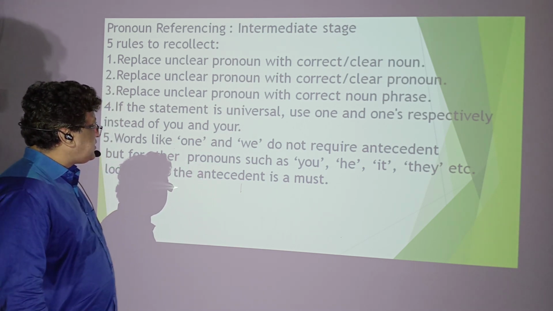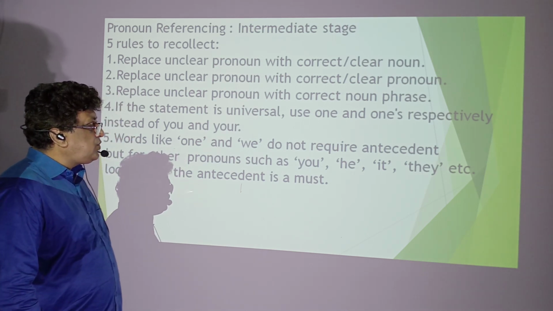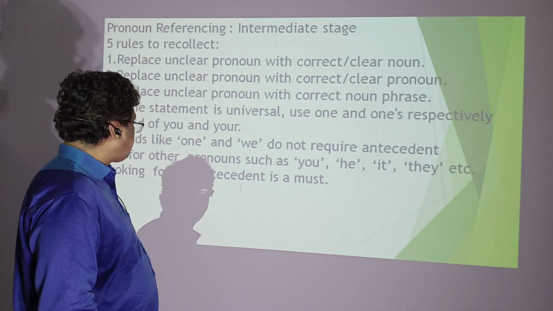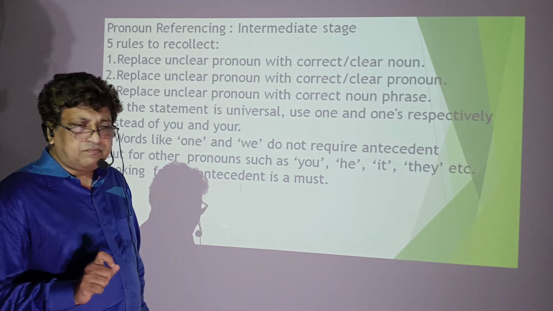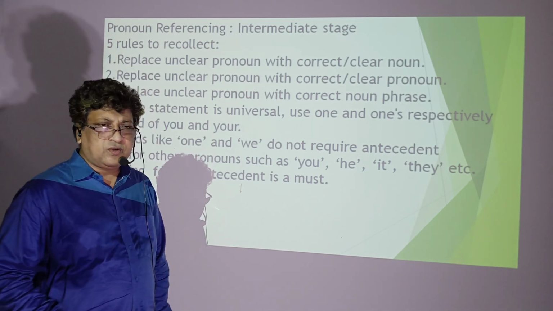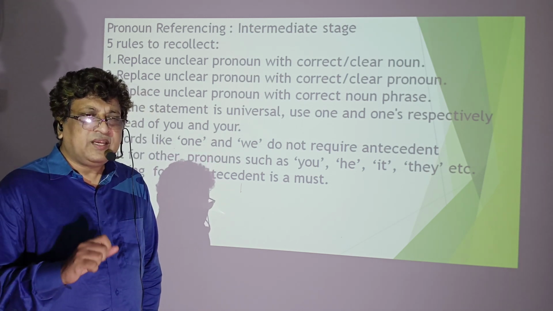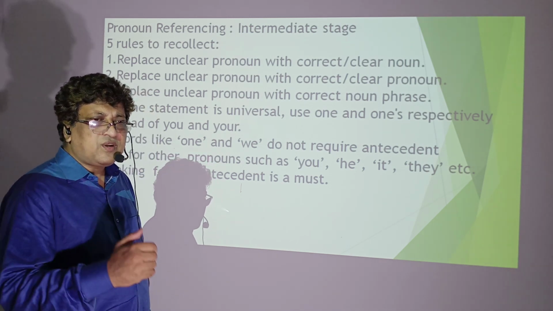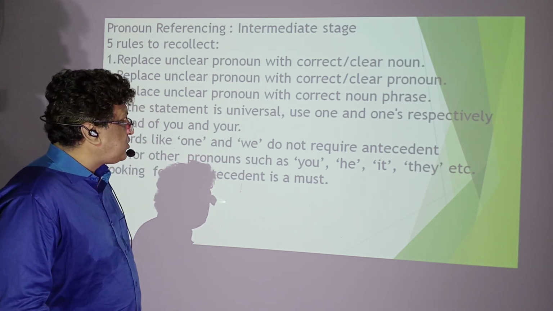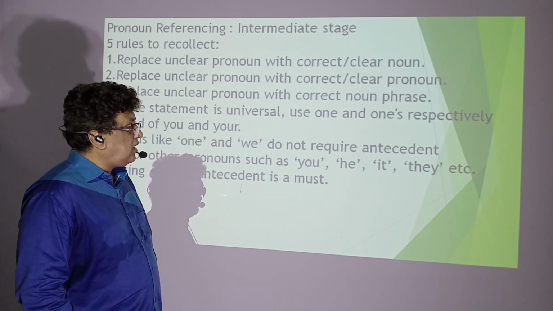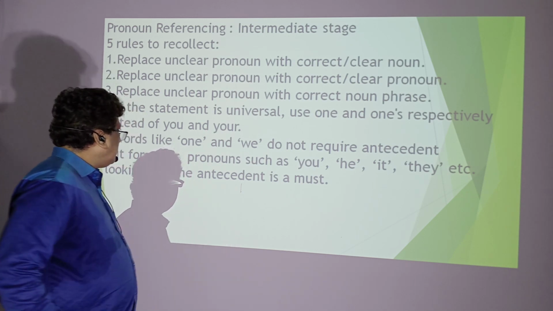If the statement is universal, we should use one and ones respectively instead of you and your, because the pronouns you and your are indefinite. So in order to make it clear, specific and appropriate, we should use one and ones. We should avoid using you and your.